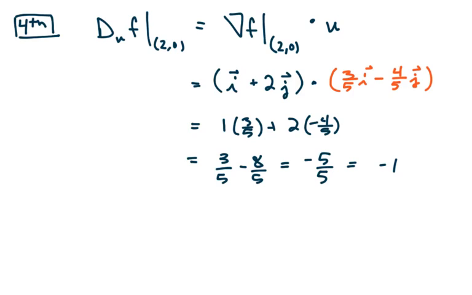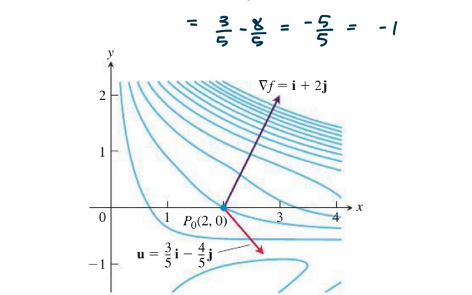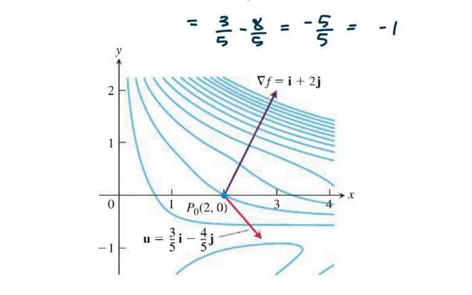Now, let me pull a picture in that kind of explains visually or helps you visualize what we're doing. So what we have here is our surface, and we're thinking about these level curves as representing the surface of that multivariable function, the number of level curves of f.